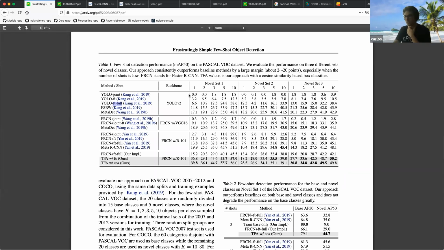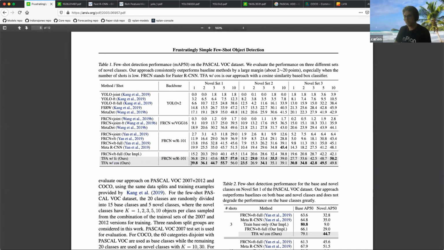And even more interesting is that when you have few shots, cosine similarity seems to work a lot better than a fully connected layer. This drops as you have more examples. I guess that is to be expected because, of course, if you give a fully connected layer more shots, it's going to find richer features. Eventually, it might even learn the cosine similarity function.